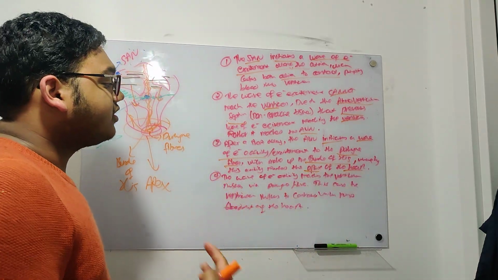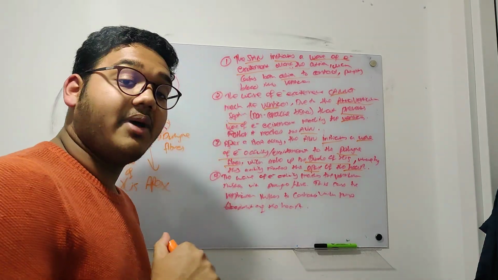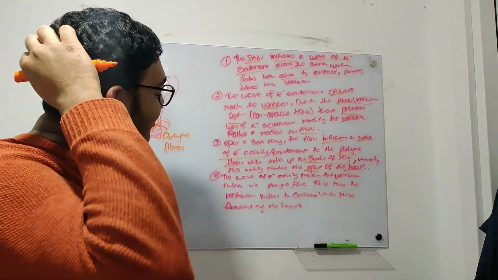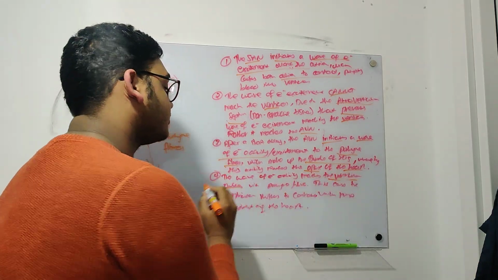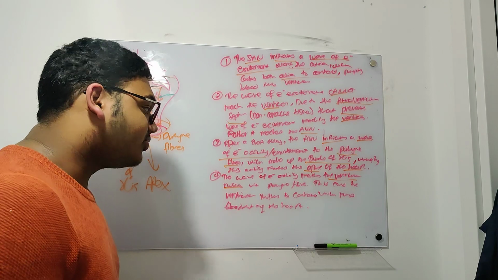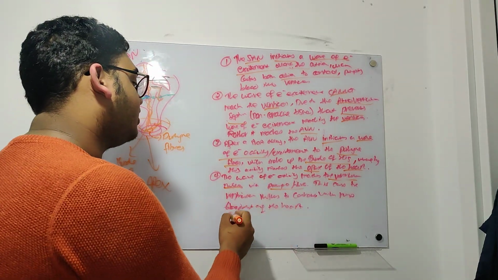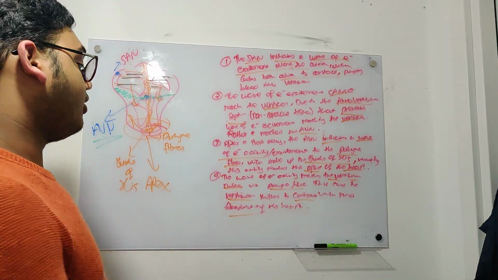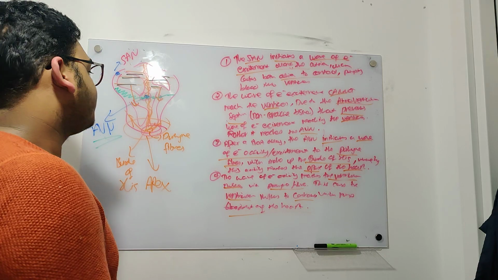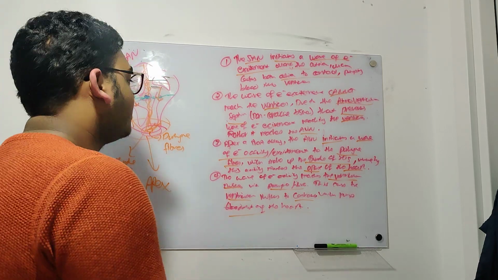The wave of electrical activity reaches the ventricular muscles via Purkinje fibers. This causes the ventricular walls to contract, which causes blood to be pumped out of the heart. So that's essentially how electrical activity works in the heart.